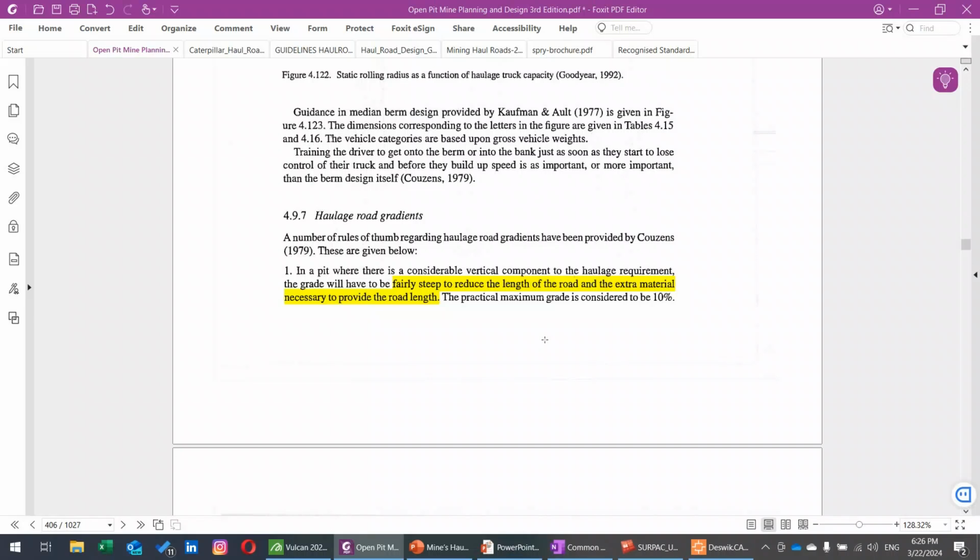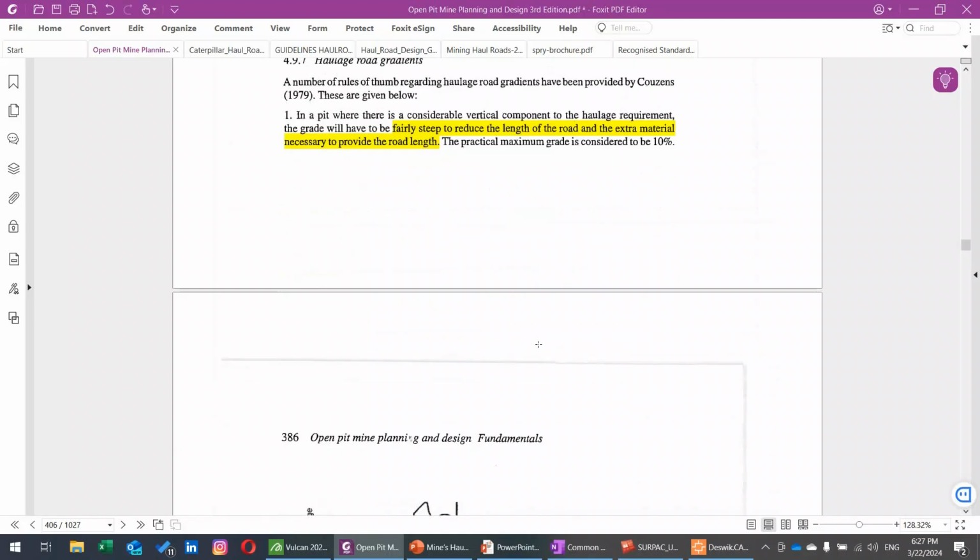So we want to increase the grade to reduce the length of the road and reduce the stripping ratio as well. This rule of thumb suggests that the practical maximum grade is considered to be 10%.